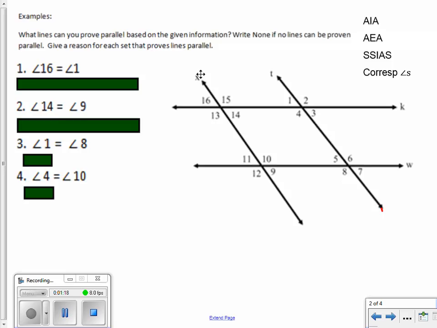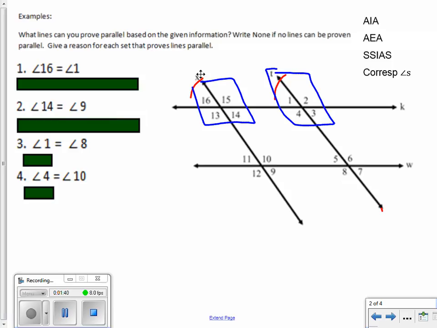Okay, so let's look at number one. If angle 16, this one right here, is congruent or equal to angle 1. If we look at our box, it looks like 16 and 1 are going to be corresponding angles. They're both the top left in that case.